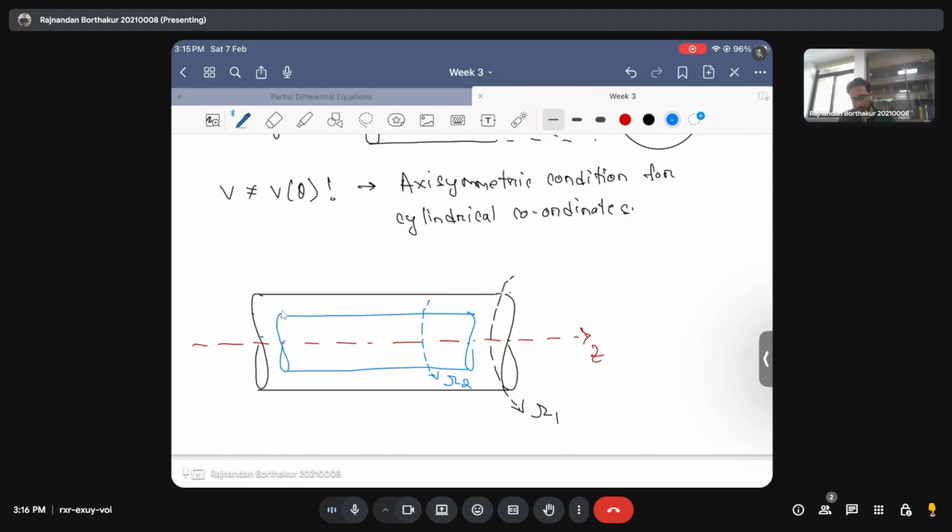So I hope you can realize that if I now draw the cross-sectional view, it is going to be two concentric circles. Maybe this is going to be this, and this is going to be this, something like this.